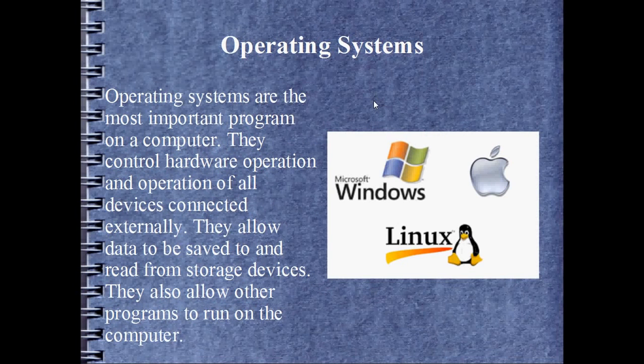Operating systems are the most important software. They control everything. They control all the devices that are connected to the computer, all the hardware inside the computer, data, storage, all that.